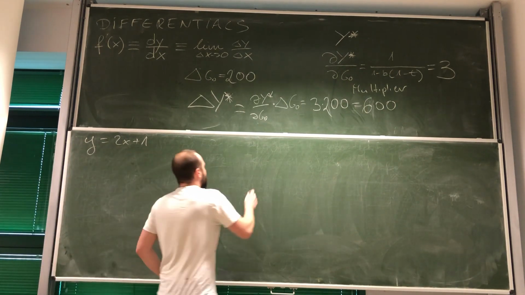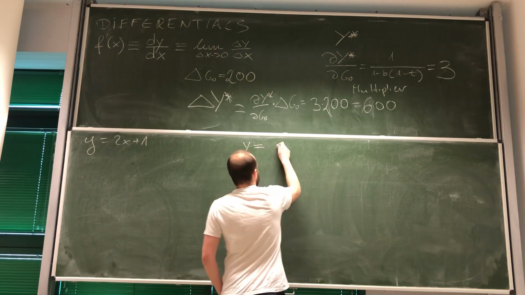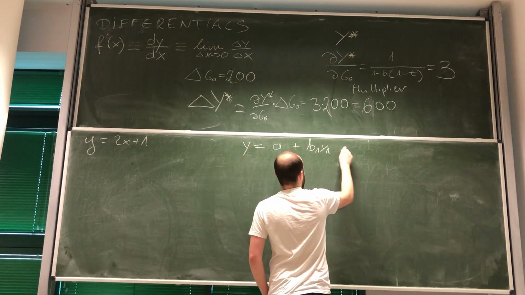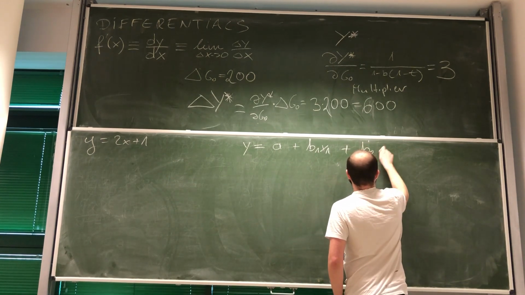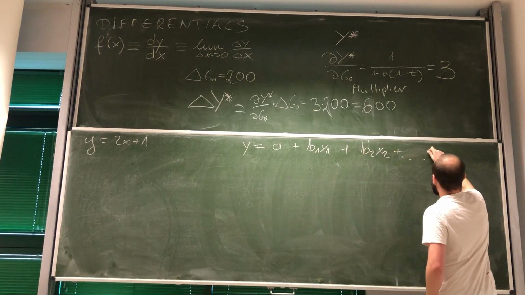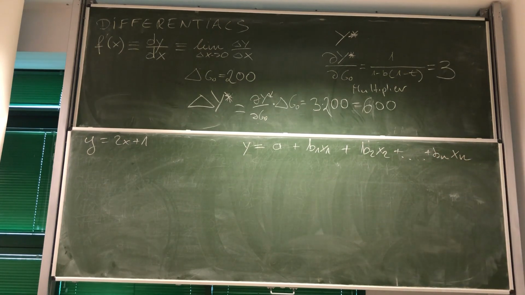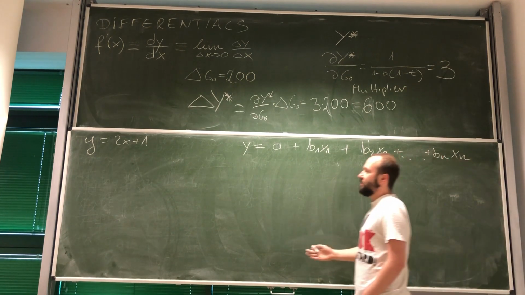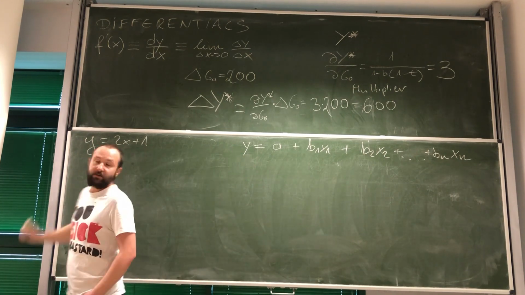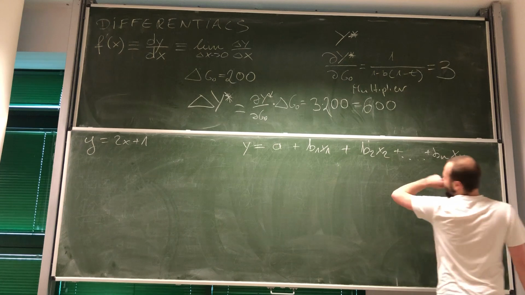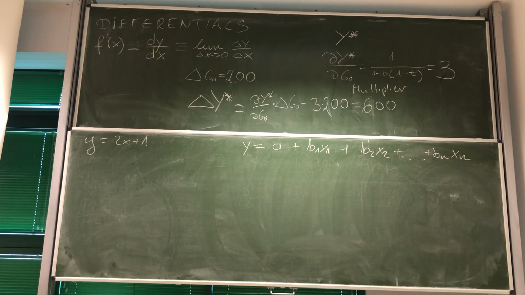However, y equals a plus b1 x1 plus b2 x2 plus and so on up to bn xn is also a linear function. The difference is that this is a two-dimensional function, while this is an n plus 1 dimensional function, right?